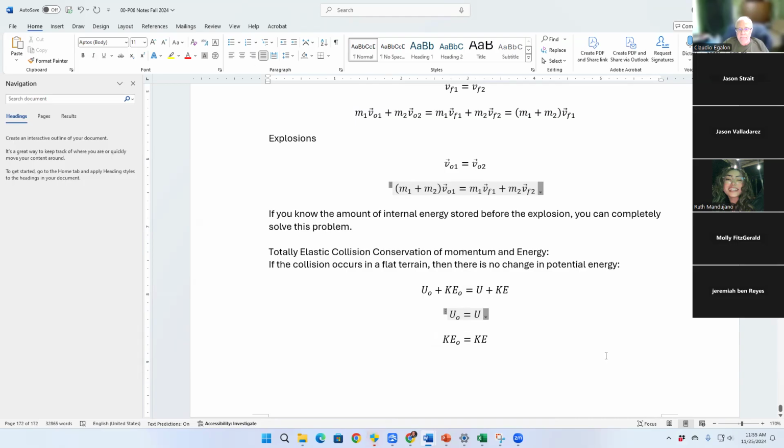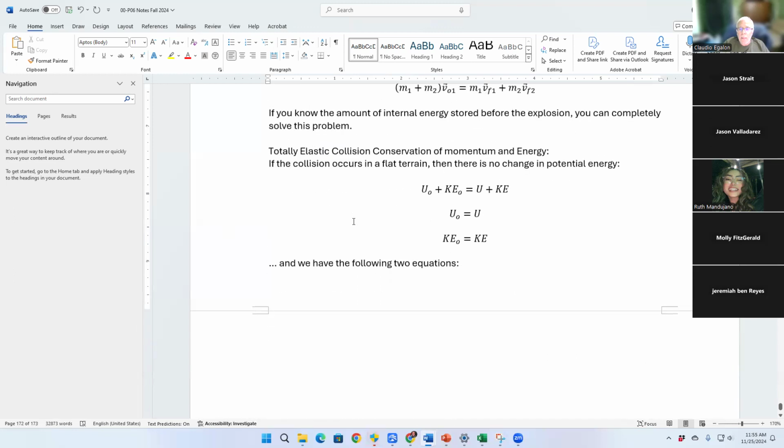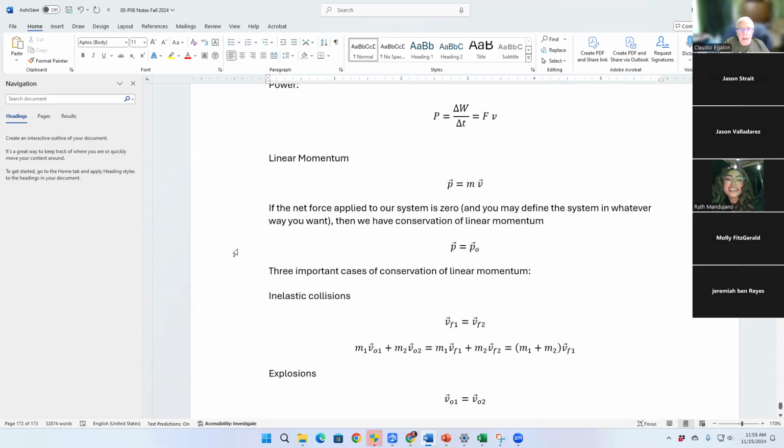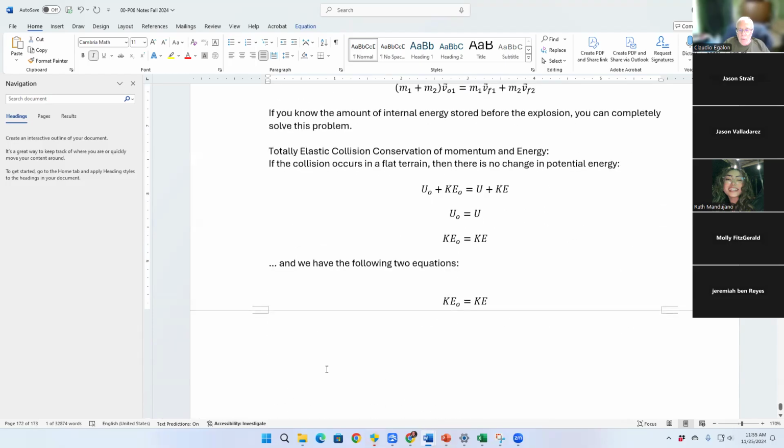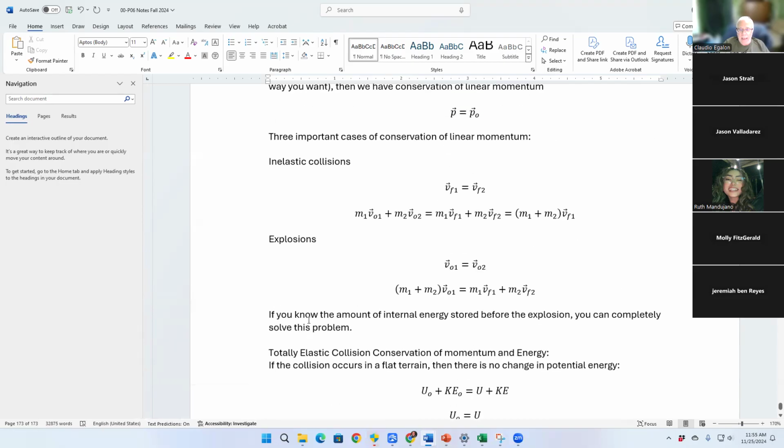If the collision occurs in flat terrain, then there's no change in potential energy. And we have the following two equations. Initial kinetic energy is equal to final kinetic energy, and the final linear momentum is equal to initial linear momentum.